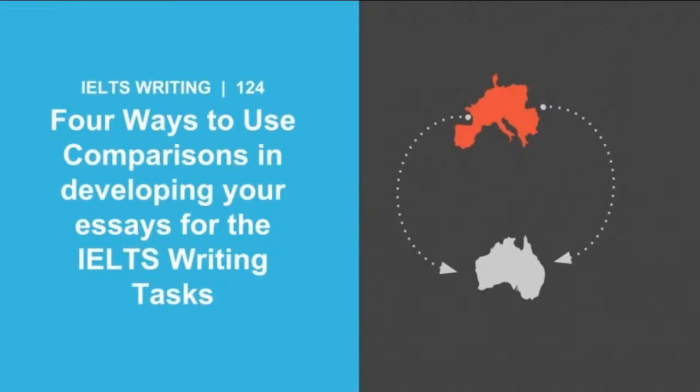Let's look at the first one, and I'm going to give you plenty of examples, and these are all related to IELTS, so you can write them down and hopefully start using them in your essays and see a big improvement quickly. So the first one, comparing similar items and pointing out the similarities between two or more items.